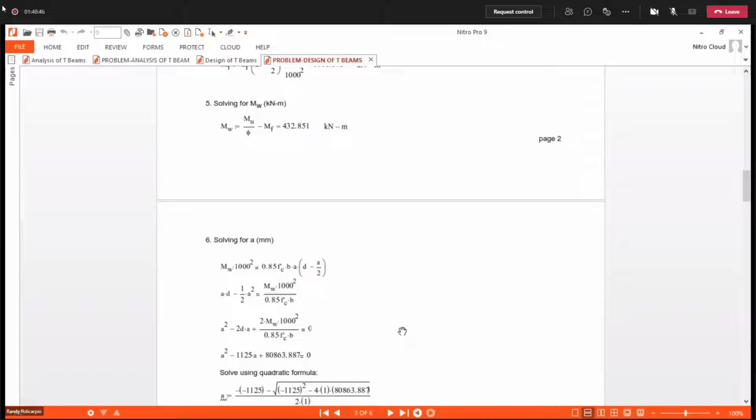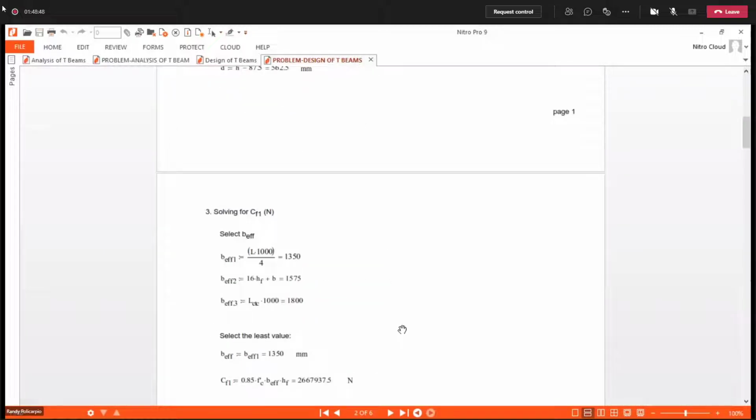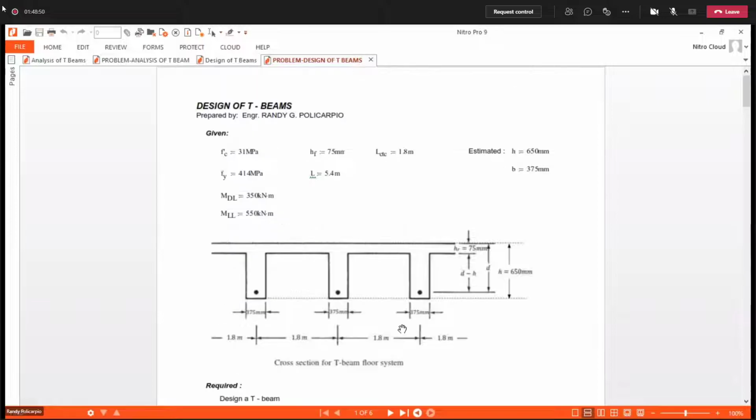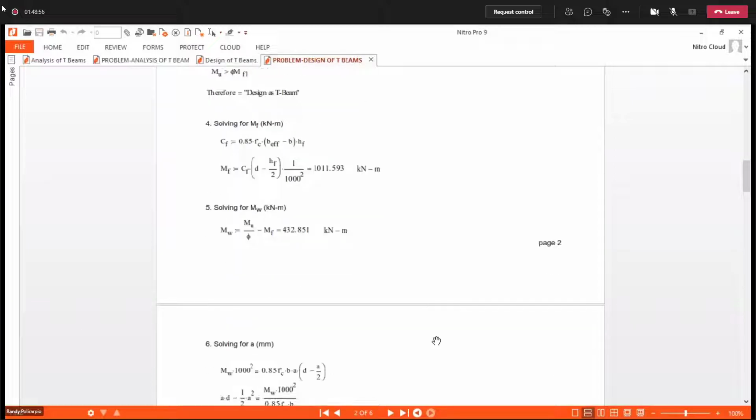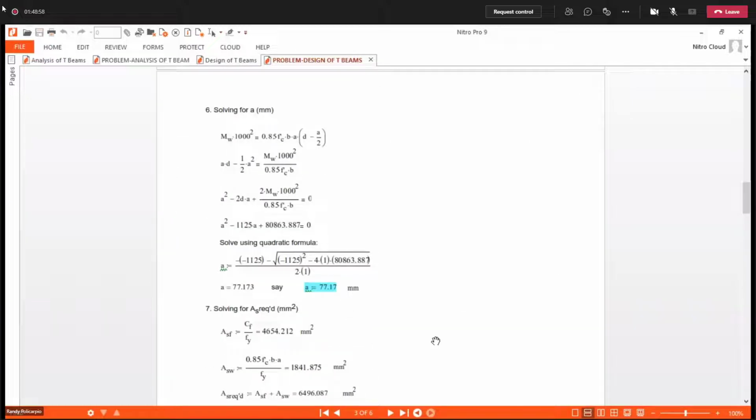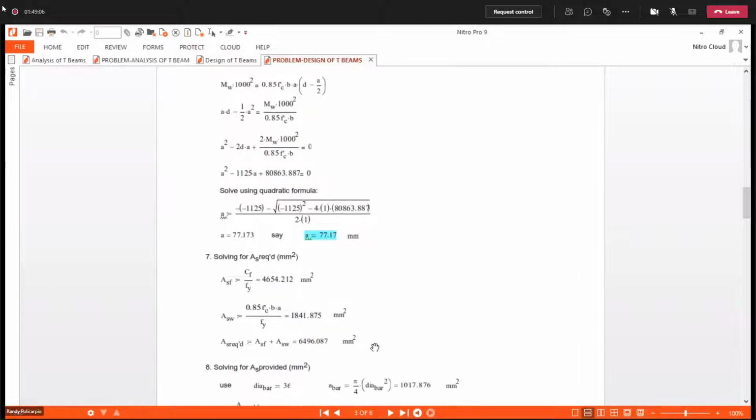So it shows here that our A is on the web because HF is only 75. Ibig sabihin, yung ating depth of the compression block is in the web. Okay?